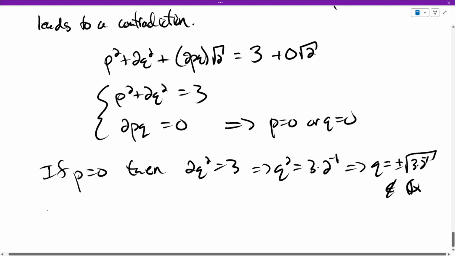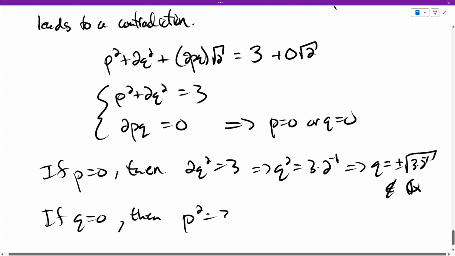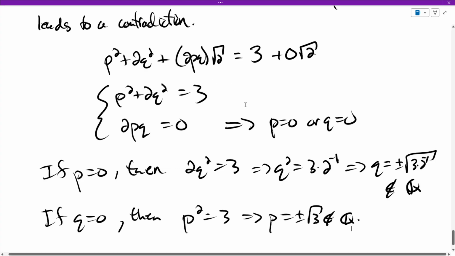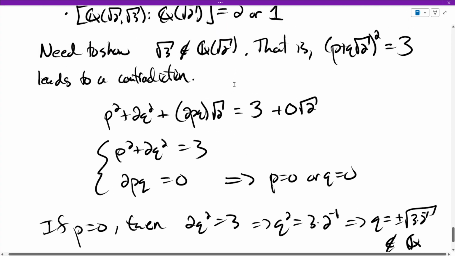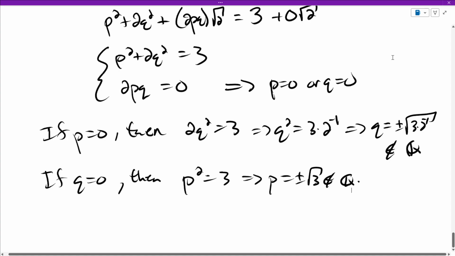Right? If q is 0, then again, reading the first equation, that term is 0. So we get p squared is 3, which implies p is plus or minus root 3, which is again not a rational number by that homework problem. A very helpful homework problem. So what we've learned is we can't actually square something in Q adjoin root 2 to get 3.